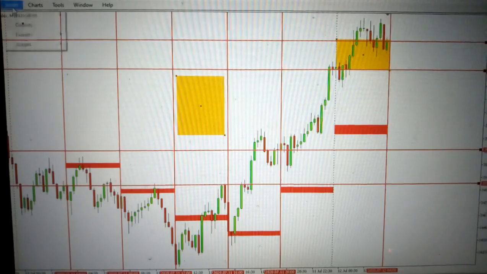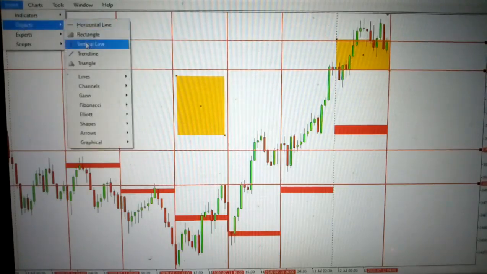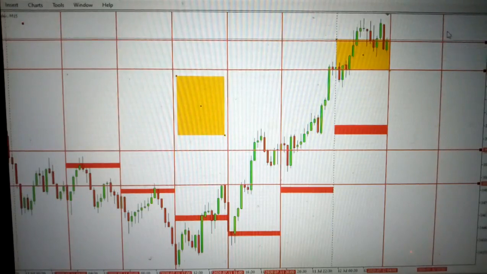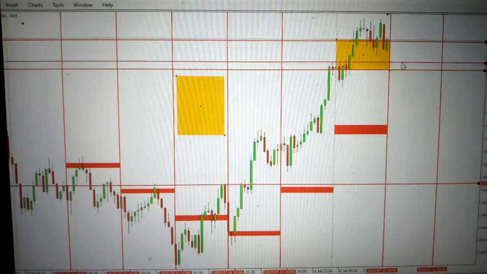So I need a vertical line. It's gonna be here. Next 4 hours should be around here. So I have my box, so we should expect a support around here. Let me divide this into two.